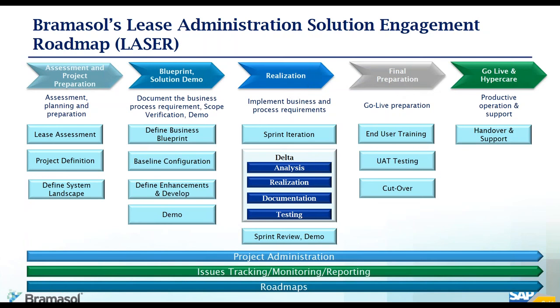We understand the requirements, then we play it back to your IT, accounting, and business team so that they understand what the future state system will look like, as well as learn as we make progress on the project. So it is very important that we do the blueprint and solution demo side by side. It's like iterative cycles, typically 2 to 4 weeks. We have multiple sprint cycles defined within the blueprint and solution demo.